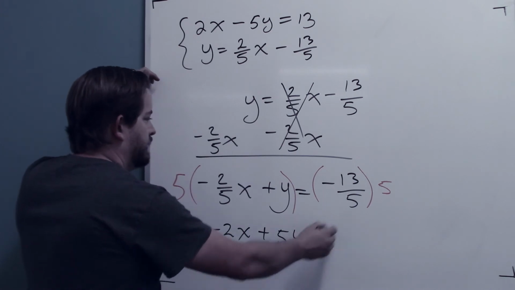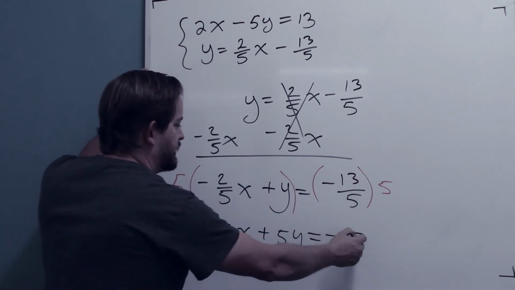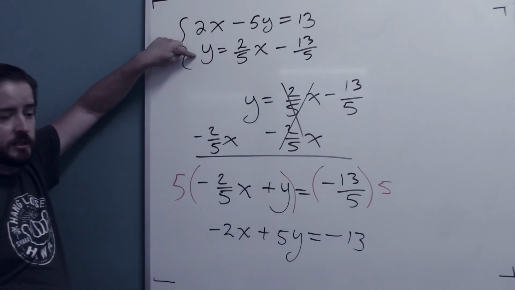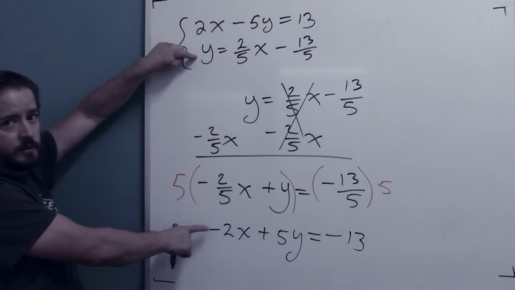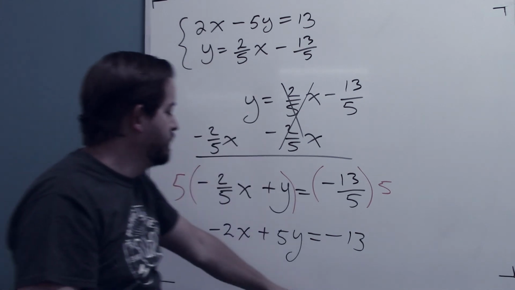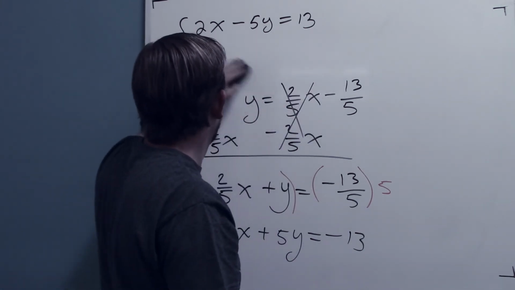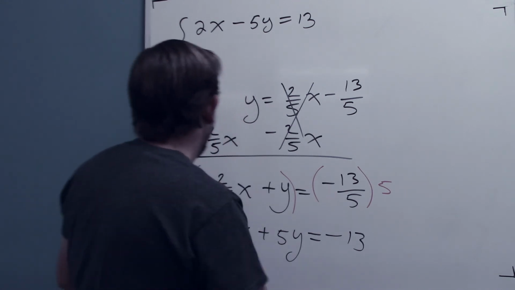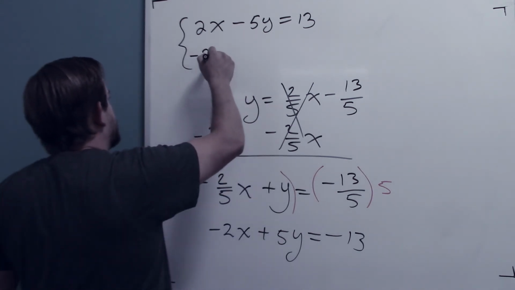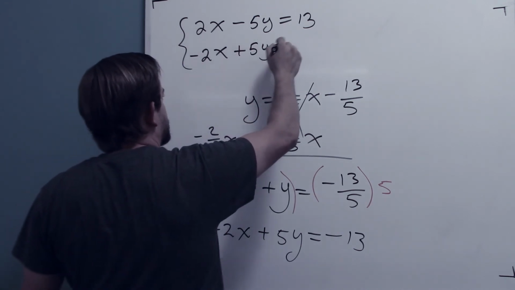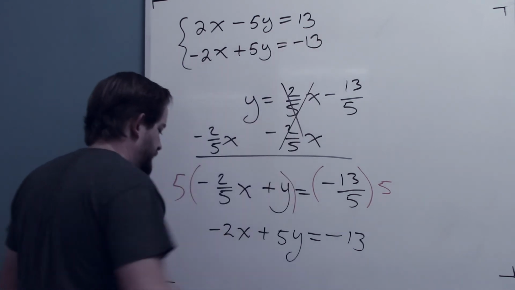The 5's cancel out here, leaves me with negative 13. Right? So I'm going to replace this second equation with its equivalent equation in standard form. That is negative 2x plus 5y equals negative 13.